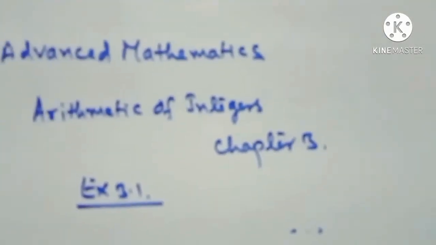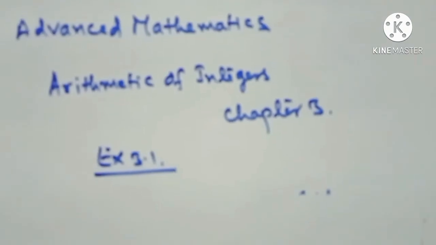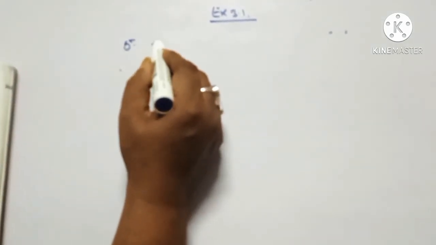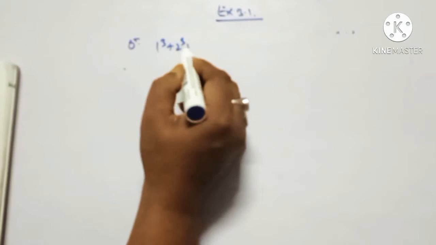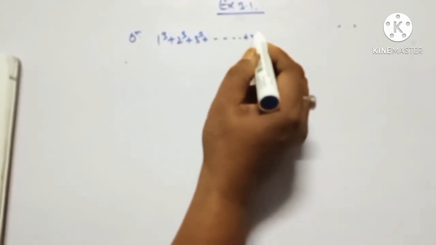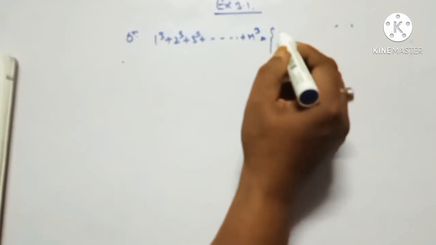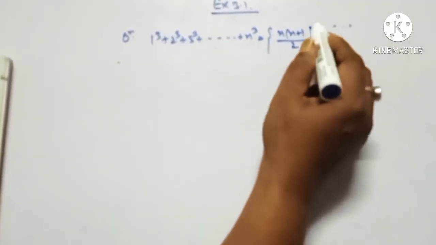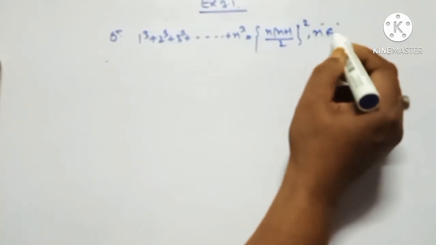That is question number 5. Here 1 cube plus 2 cube plus 3 cube plus dot dot dot plus n cube is equal to n into n plus 1 by 2 the whole square, and n belongs to natural number.